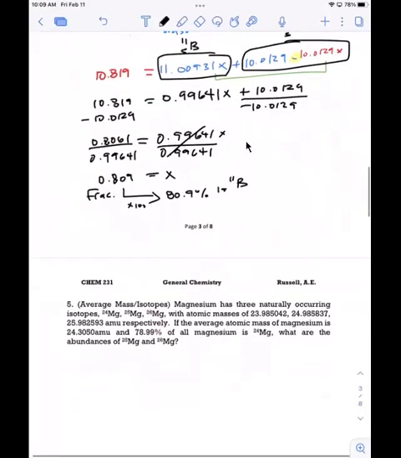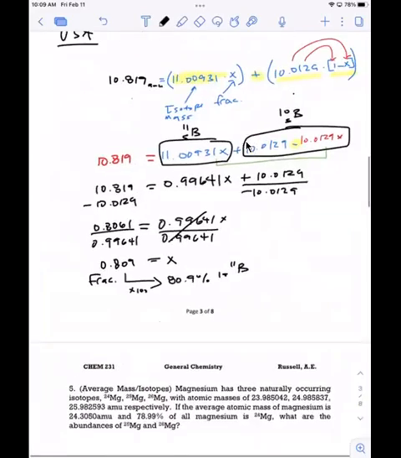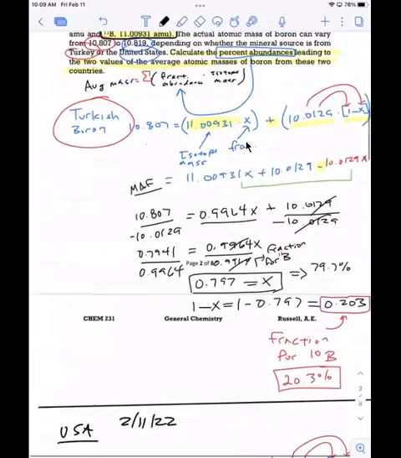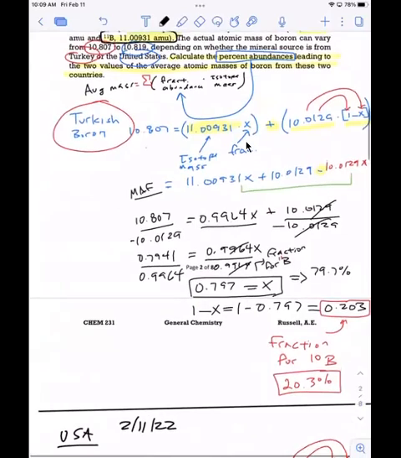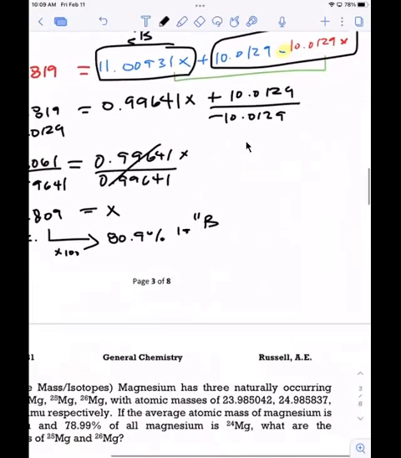You said 80.9% for B11, and then how do we get to B10 again? If that's X, remember one of them was X, and one was 1 minus X. Exactly. So the 1 minus X term is going to be for the boron 10 isotope.